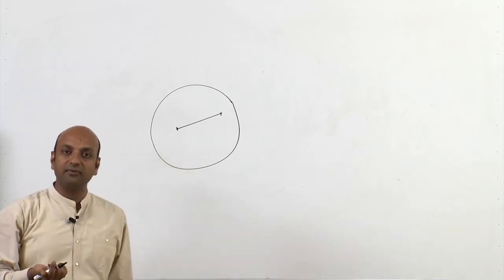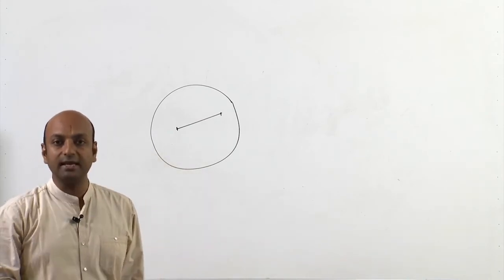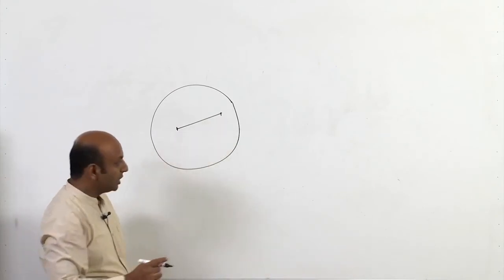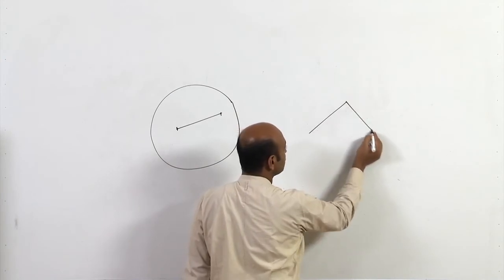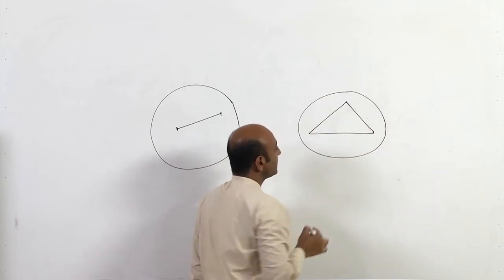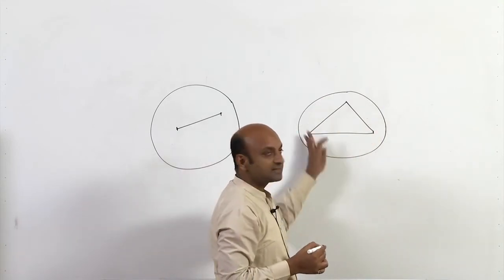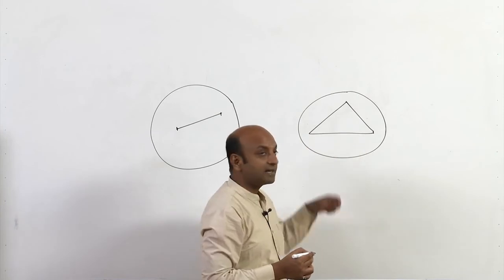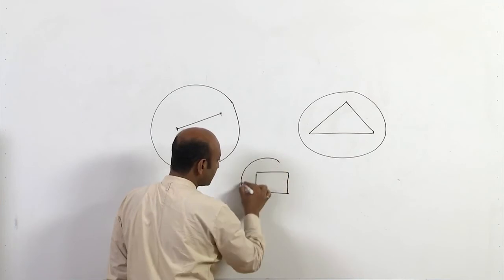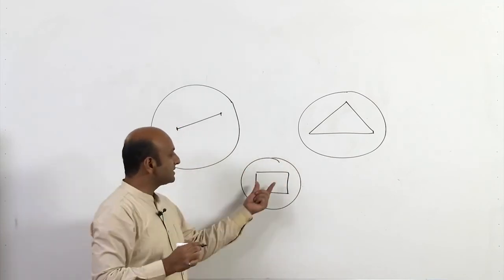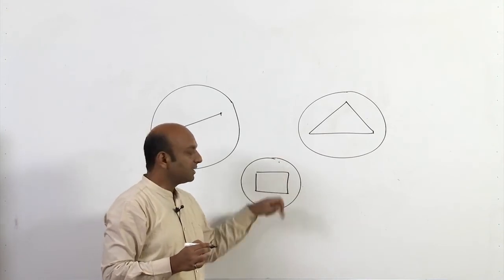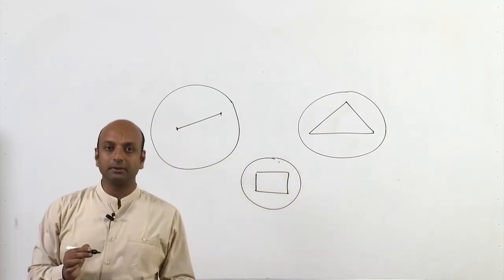So, this line segment is a bounded region. You can take a triangle also. You can always find a circle of fixed radius such that the triangle lies inside it. So, this triangle is a bounded region. You can take a rectangle; again you can find a circle of fixed radius such that the rectangle lies totally inside it. So, this rectangle is a bounded region.